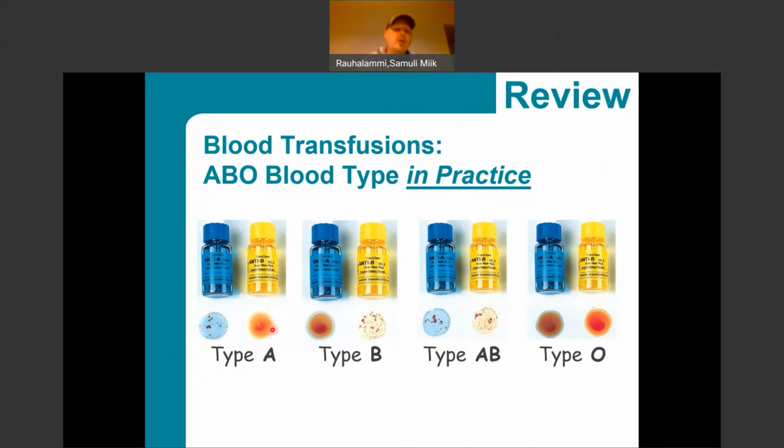So now you can do that for all of the different combinations for anti-A serum, anti-B serum, and for anti-D serum, which was the factor for Rh positivity or negativity. I'm not showing that on this particular picture. We're just sticking with the ABO blood types here.